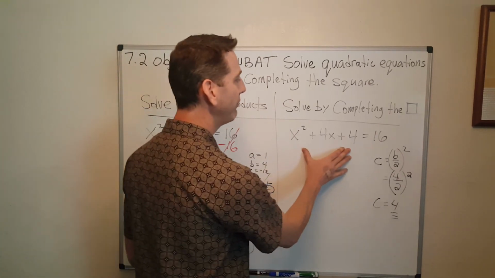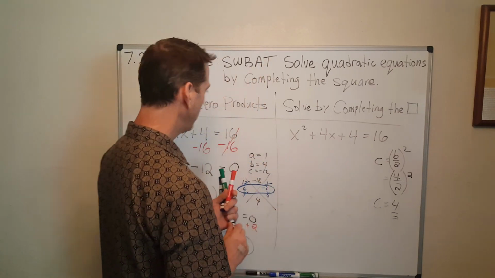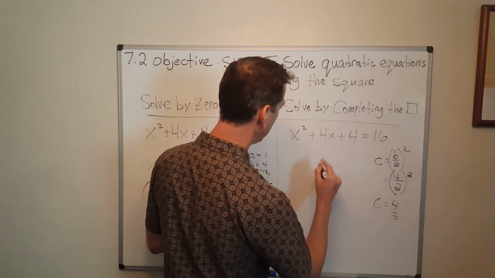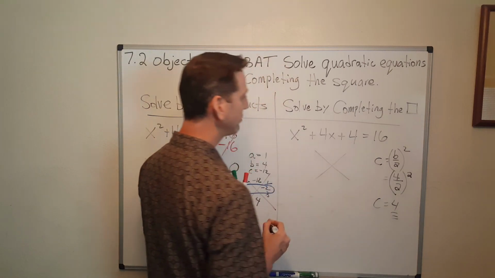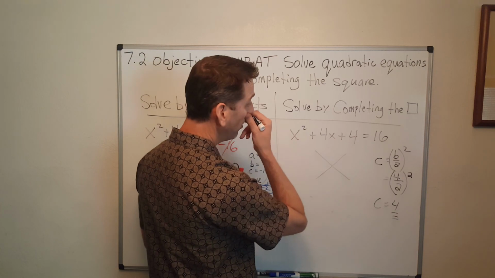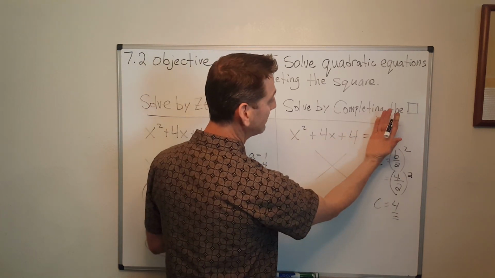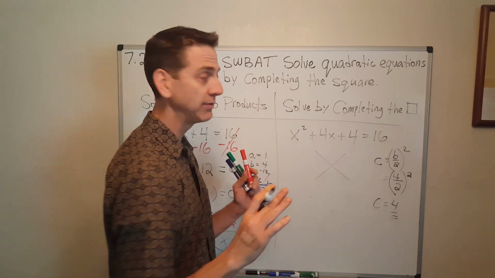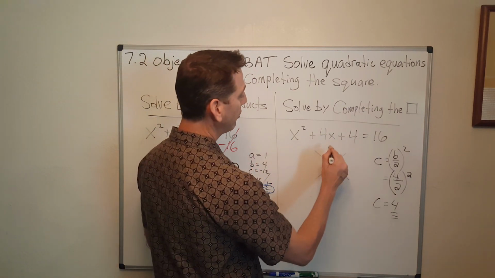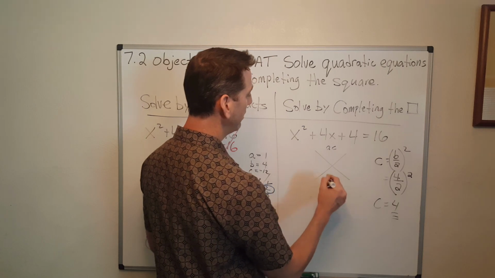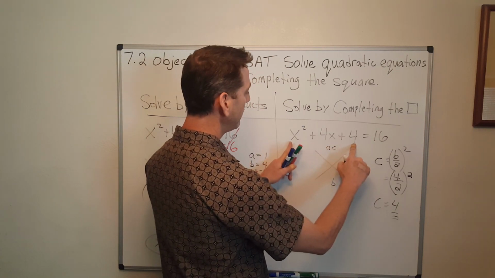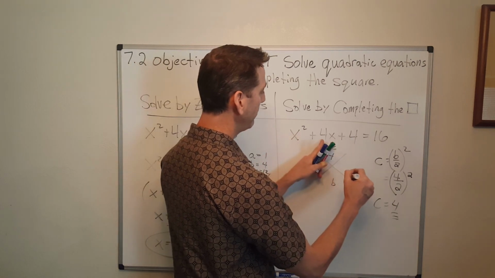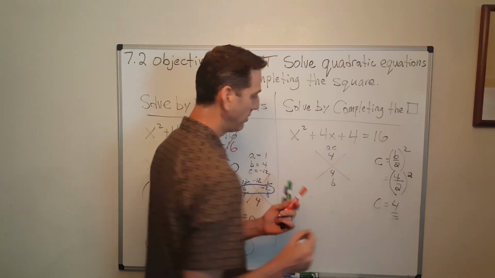All right, so let's go ahead and factor this thing. Okay, so we know that, well, let's just use a little x right here. So let's just ignore that 16 for now. We don't even have to put it in standard form to do this. Okay, so AC goes here and B goes here, correct? So AC, 1 times 4 is 4, and B is 4 as well.